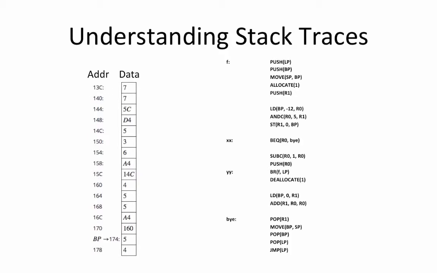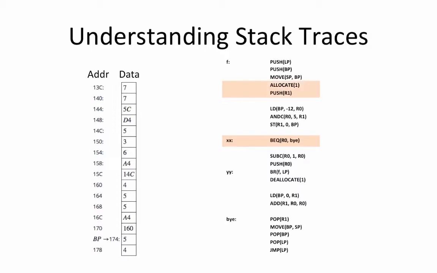The values on the left of the stack are the addresses of each location on the stack. We first want to determine the current value of the SP or stack pointer register. We were told that the machine is halted when a recursive call to f is about to execute the BEQ instruction tagged XX, and that the BP register was 0x174 at that point.